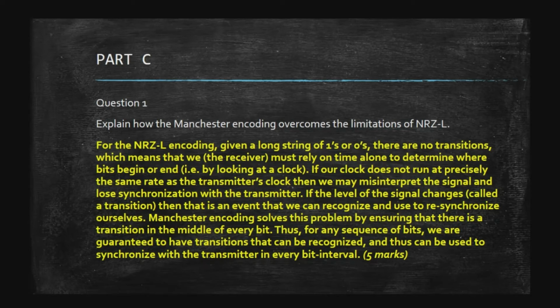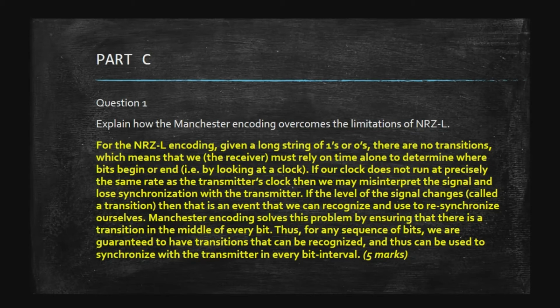If our clock does not run at precisely the same rate as the transmitter clock, then we may misinterpret the signal and lose synchronization with the transmitter, because our clock is not at the same rate.